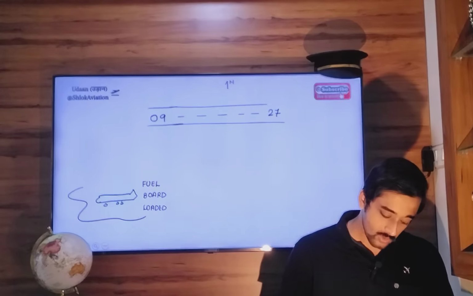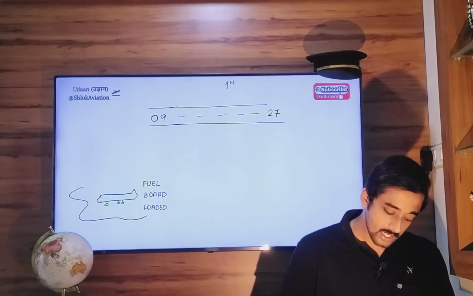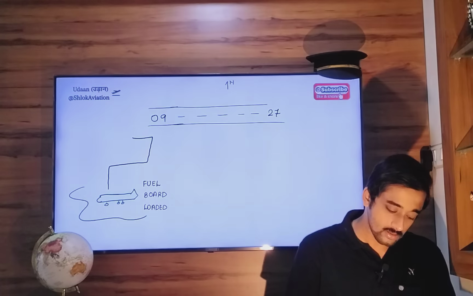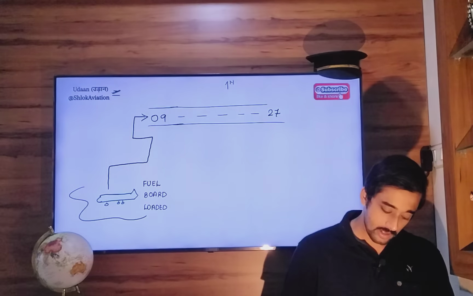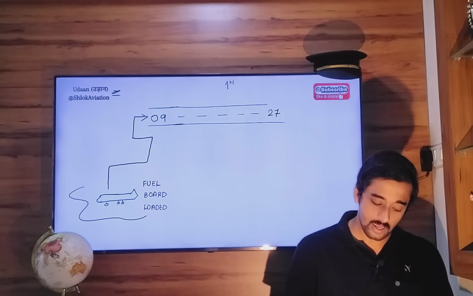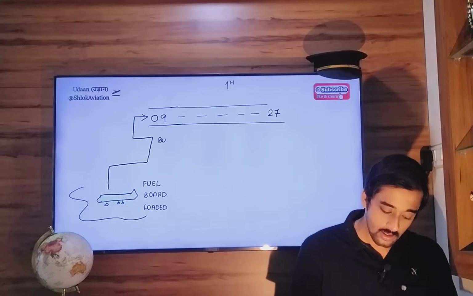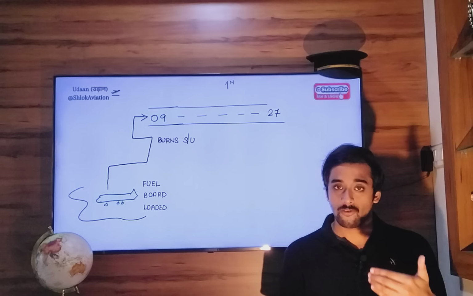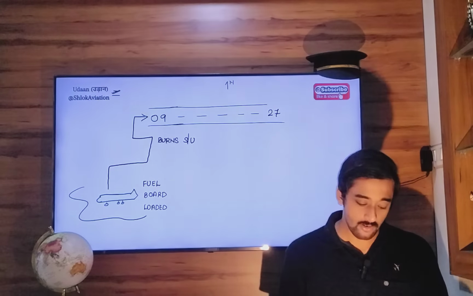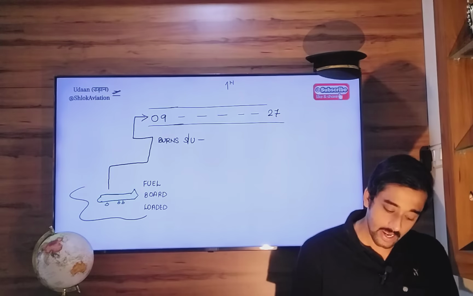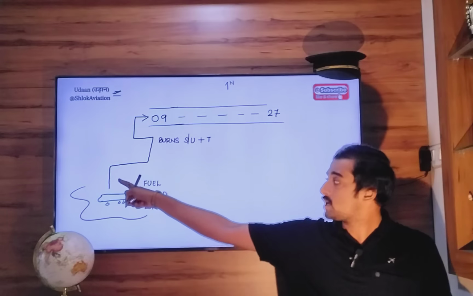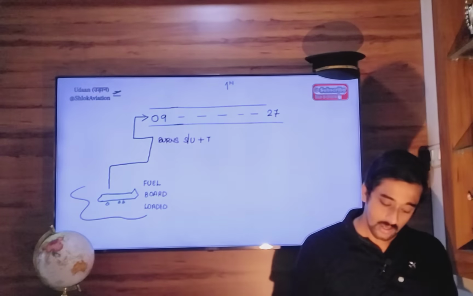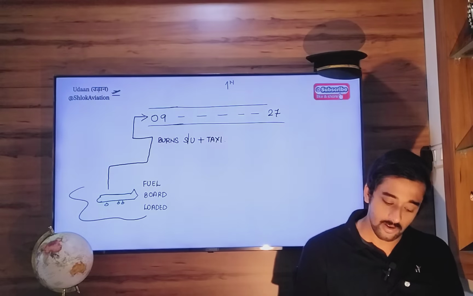Now, when it starts taxiing from the ramp and goes to the runway, during this journey from the ramp to the runway, it burns startup fuel, the fuel used for starting this aircraft, and then it will also burn all the taxi fuel that is consumed during the taxi. So it burns startup and taxi fuel.